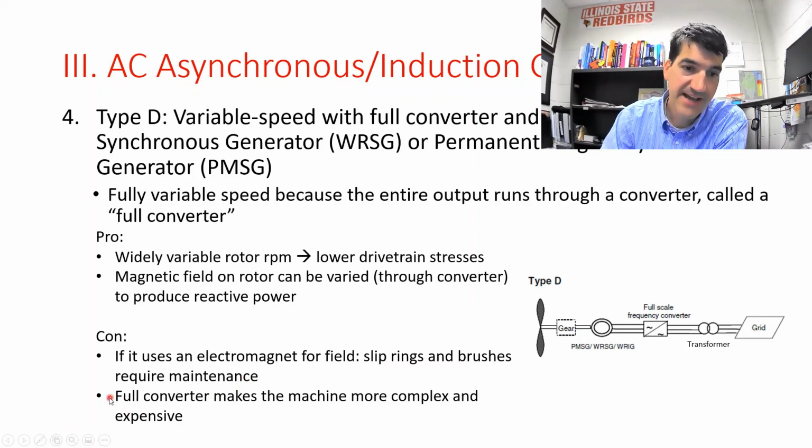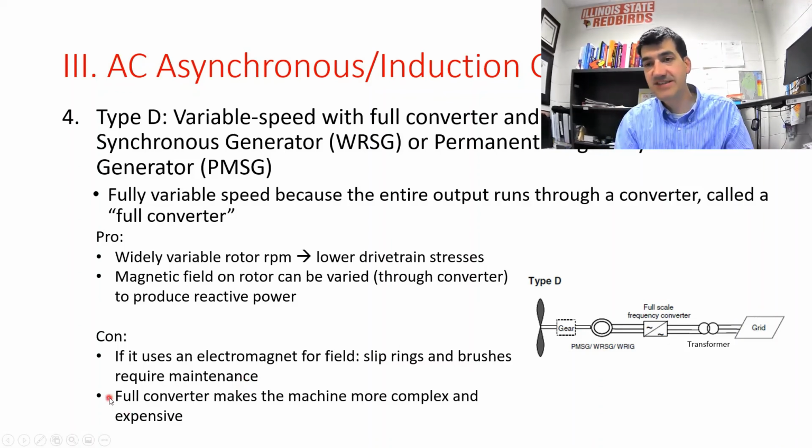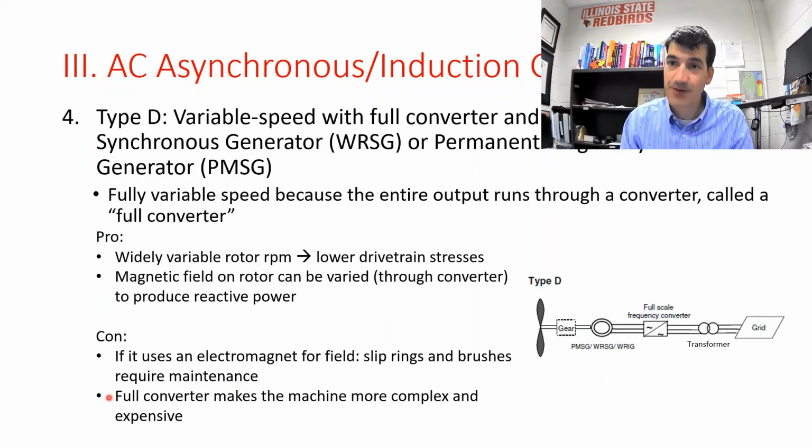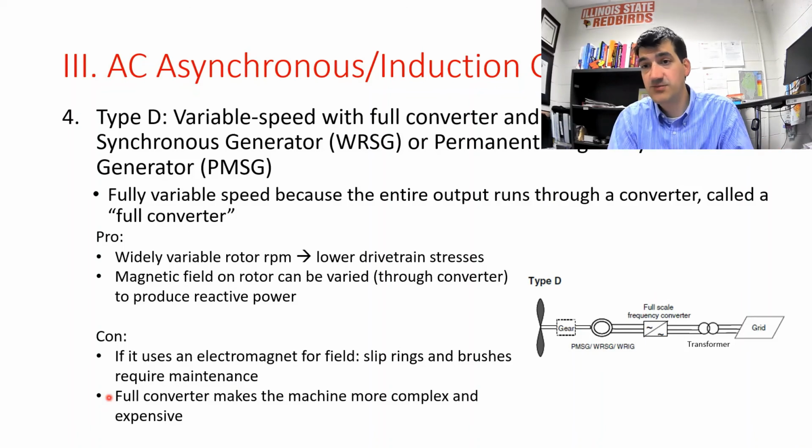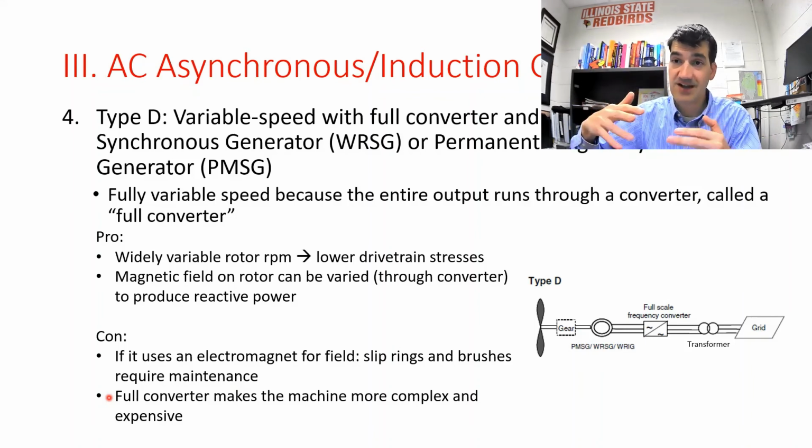And of course, another downside is, we said with the DFIG design, the partial converter makes it more complex and expensive. Well, now we have a converter that's much bigger than we had in the DFIG design. So the converter is a pretty complex piece of equipment, and that makes it fairly expensive. So this would be the most expensive design of wind turbine, followed by the order that we talked about.